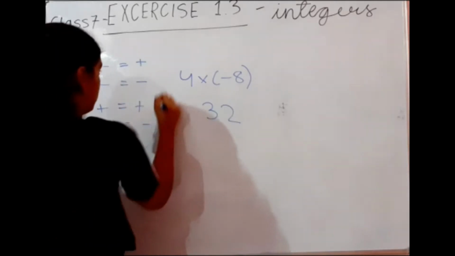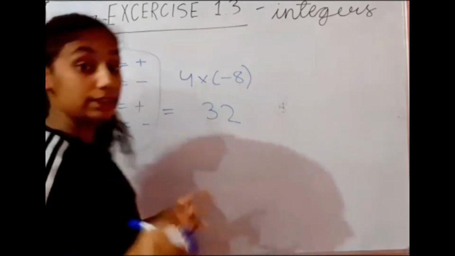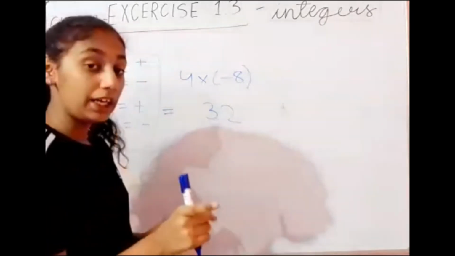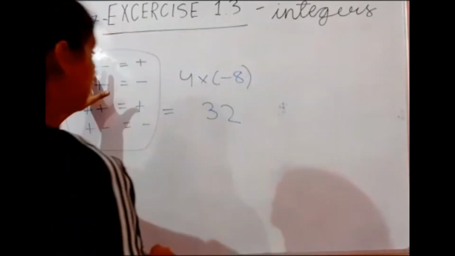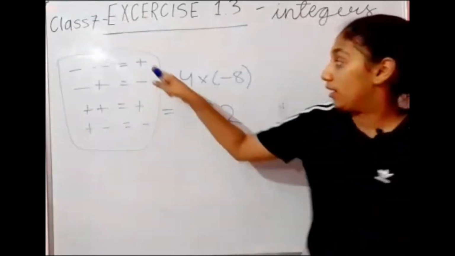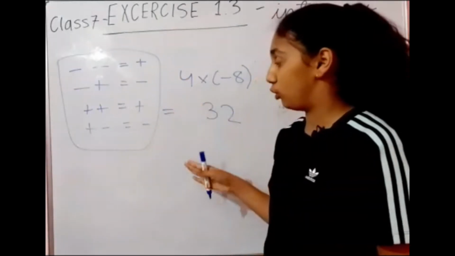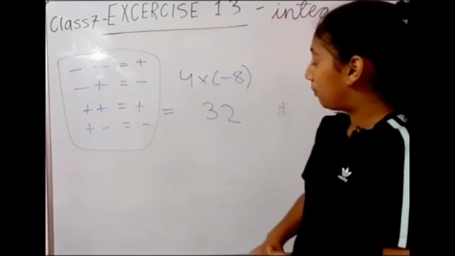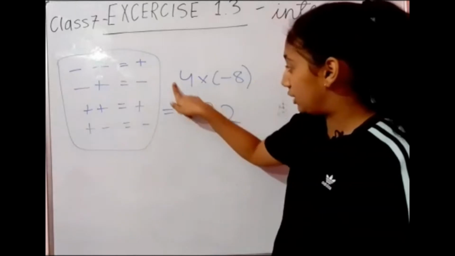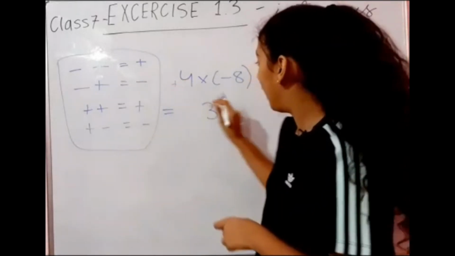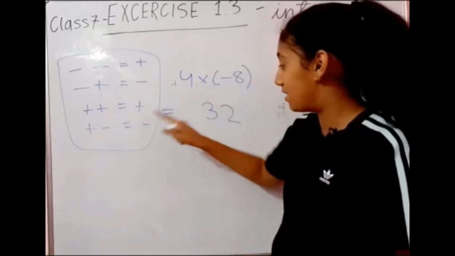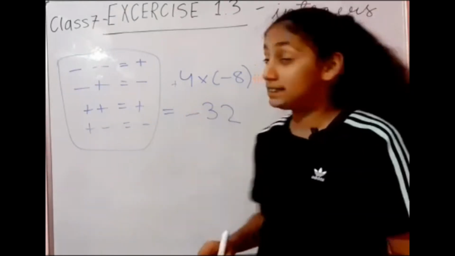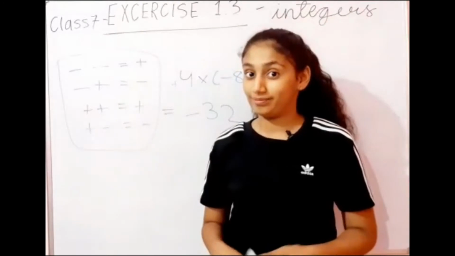These are the same set of rules that we had used in addition and subtraction, and they are very important in multiplication also. Here this is a positive integer and this is a negative integer. Plus minus becomes minus. So our answer will come as minus 32.